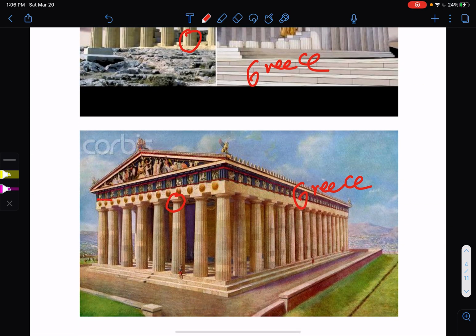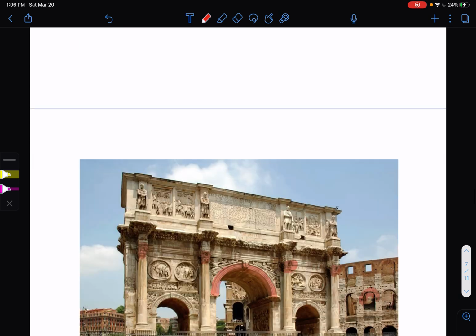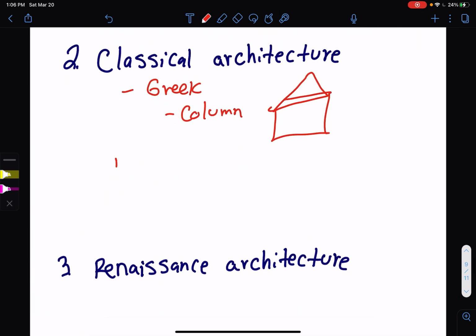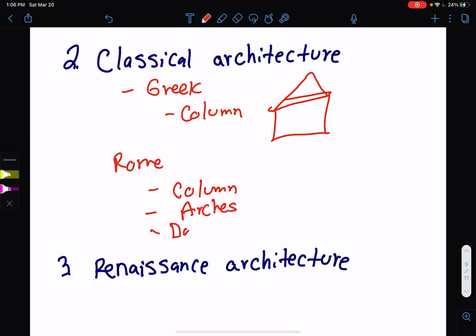Very straight lines. Columns. And for Rome, you still have columns that they borrow from the Greeks. You have columns, you have arches, and you have the dome.